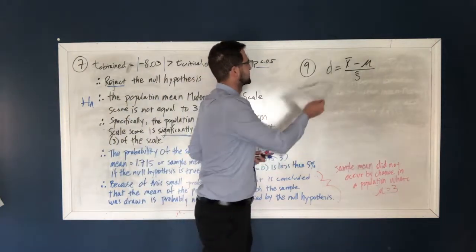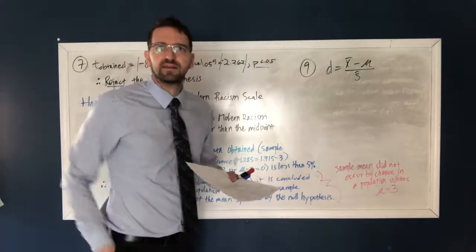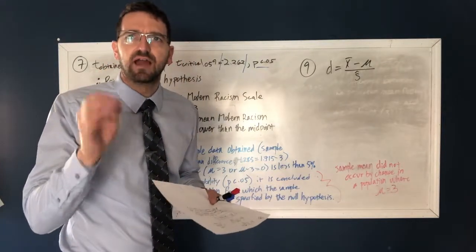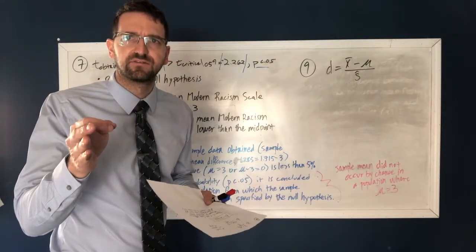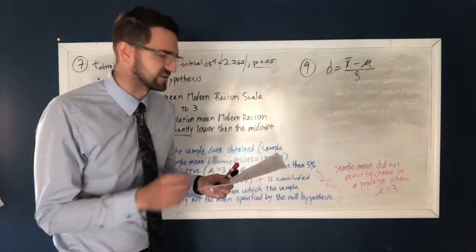Okay, here's our equation. D equals x bar, which is our sample mean, minus our hypothesized population value, or our stated value, which is 3, divided by the standard deviation.